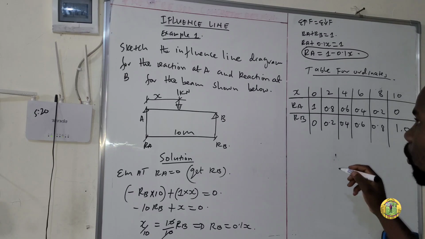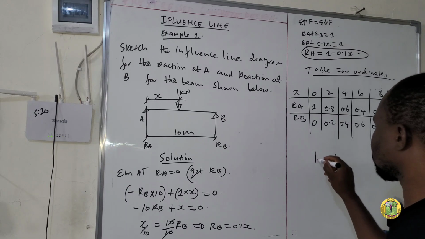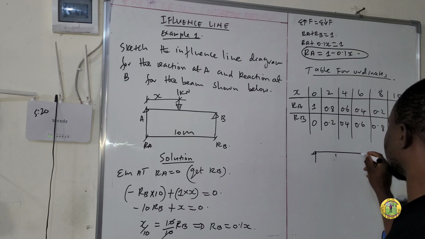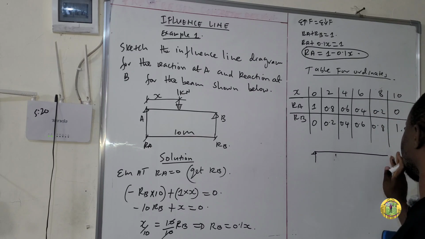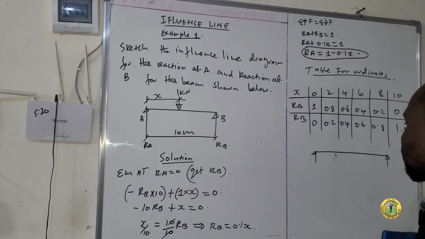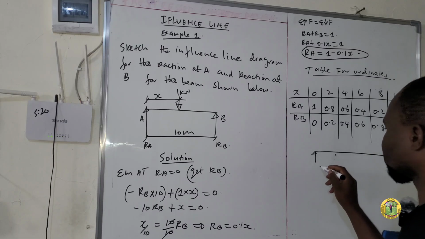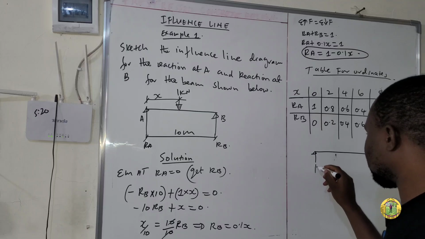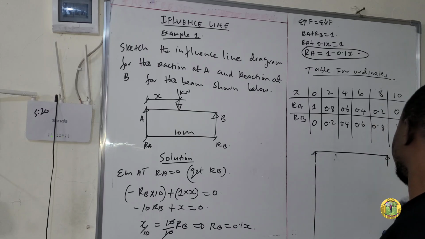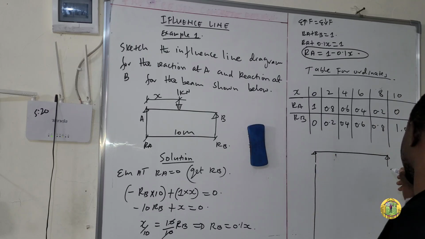So this is how we draw the influence line. This is the beam. You'll extend this line and also this one.